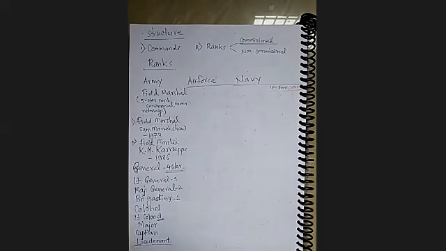Sorry, lieutenant will be having 2 stars on each of the shoulders. Captain will be having 3 stars. Major will be having a single emblem. Lieutenant colonel will be having an emblem, one emblem and one star. Colonel will be having one emblem and 2 stars. Brigadier will be having one emblem and 3 stars on each shoulder.